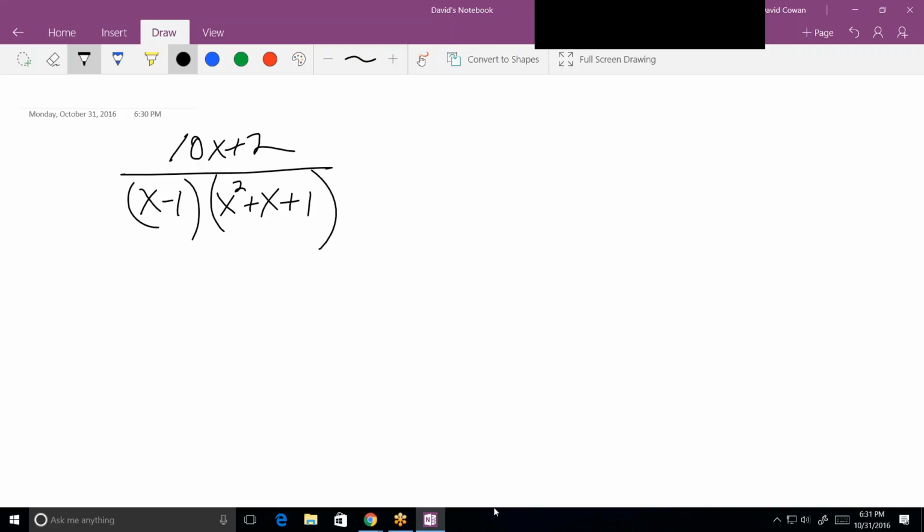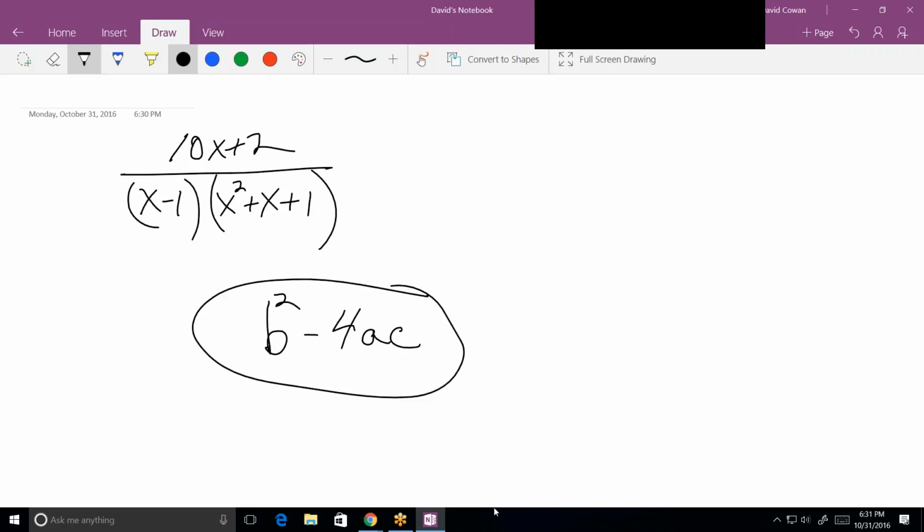Well, yes and no. The real definition of an irreducible quadratic is that it has imaginary solutions. The way to tell whether something has imaginary solutions is to analyze this thing, which is called the discriminant. It has a name all to itself merely because it's so important to be able to know whether you have a quadratic that has real solutions or imaginary.